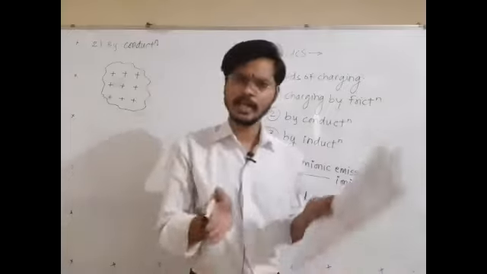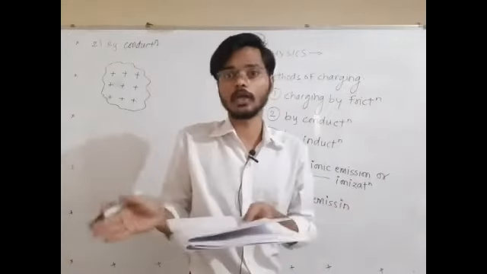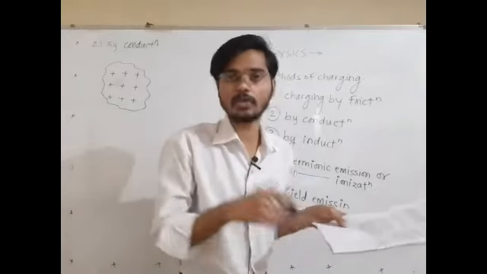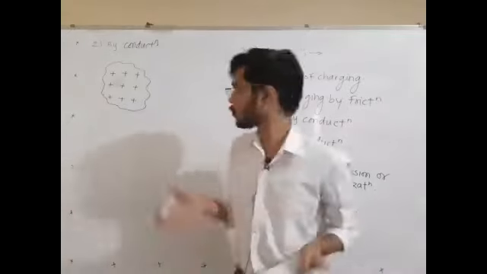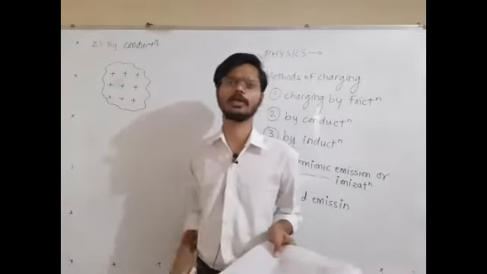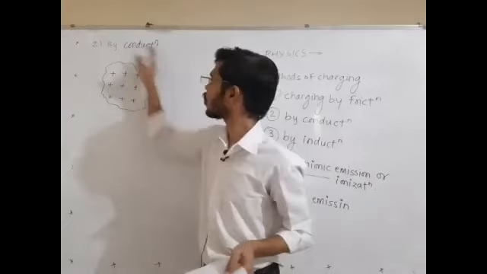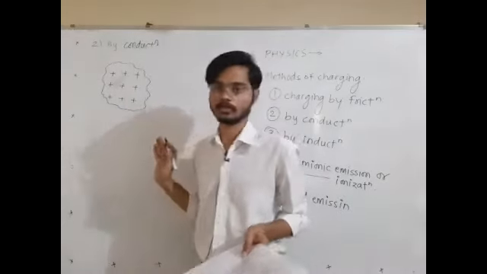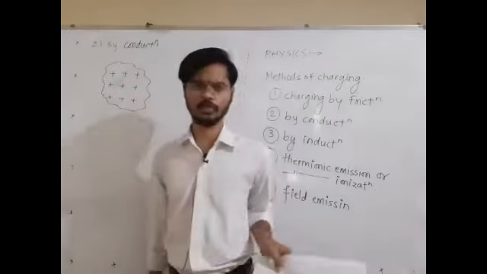It contains fewer electrons than the total number of protons. Therefore, the effective charge on the body is positive, because the overall number of protons is more than the overall number of electrons in the body.